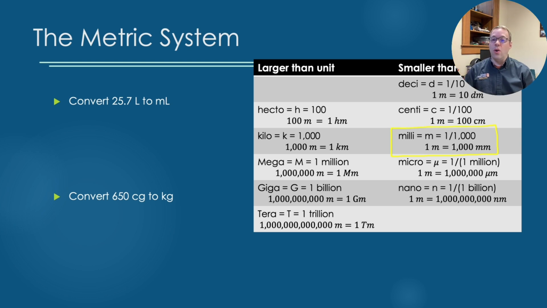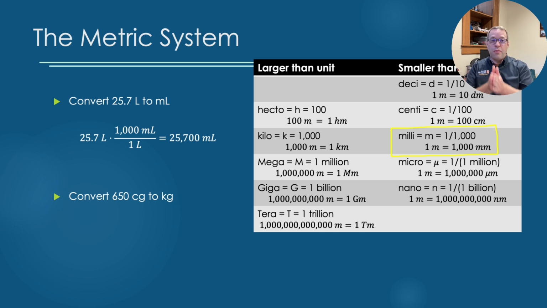So we take 25.7 liters, multiply it by the desired unit, milliliters, divided by the unit we currently have, liters. So it's 25.7 times 1,000 milliliters divided by 1 liter. That gives you 25,700 milliliters.